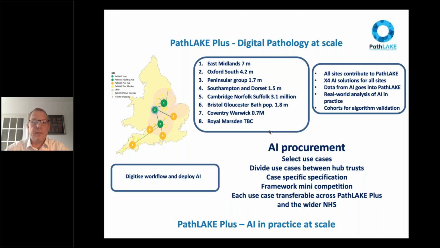So we now have 8 major groups of hospitals undergoing digitization as part of this program. At the end of that, PathLAKE will be responsible for providing digital pathology to around 40% of the population across England. Each of these sites will be contributing data to the data lake, so our data lake is set to grow considerably as these sites come on board, and that's all to the good for future research and development.